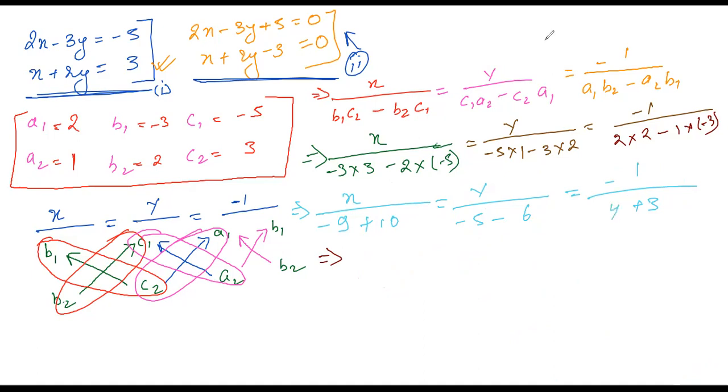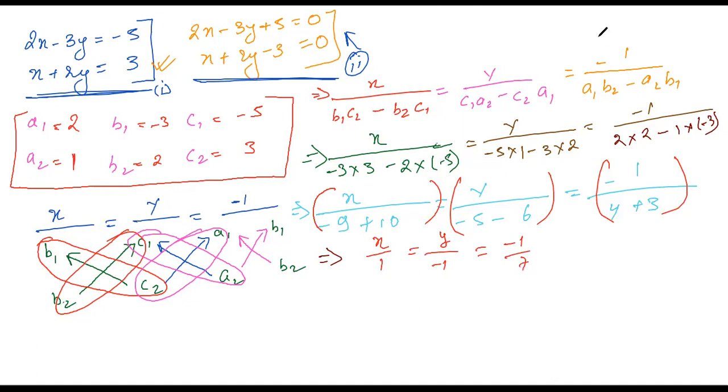Here it was 4. After getting this, individually you find the value of x, that is x by 1. You see for this y, that is y by minus 11. You go for this one, so that is minus 1 by 7.